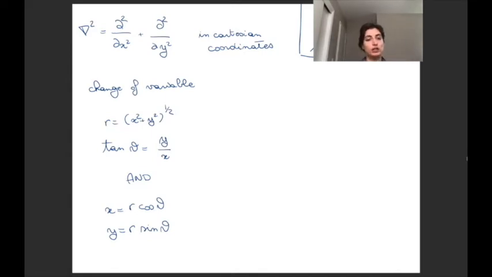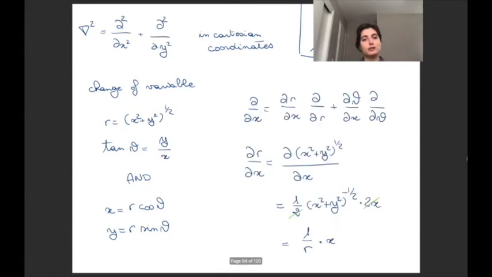If we want to change our nabla squared into the new change of variables, we need to transform delta over delta x into something that depends on delta over delta r and delta over delta theta. And we can do that with the chain rule.